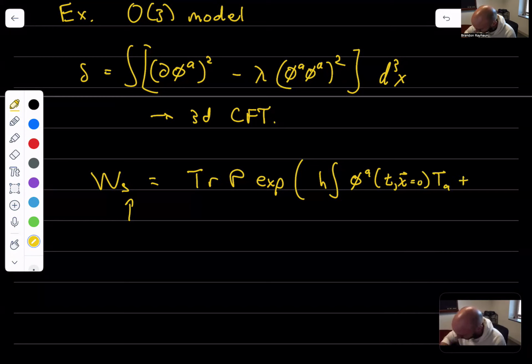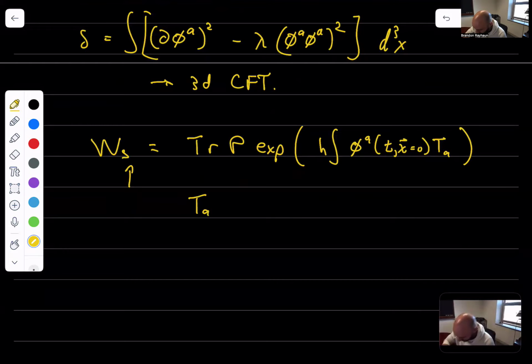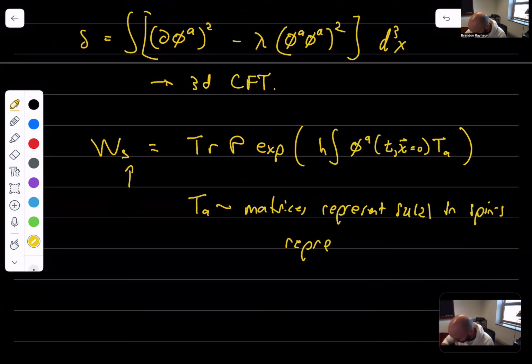Here, these T^A are matrices that represent SU(2) in the spin S representation. So for example, when S is equal to one half, these are just Pauli matrices. Okay, so this is some kind of Wilson line.